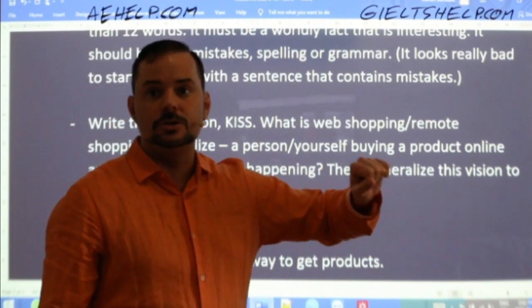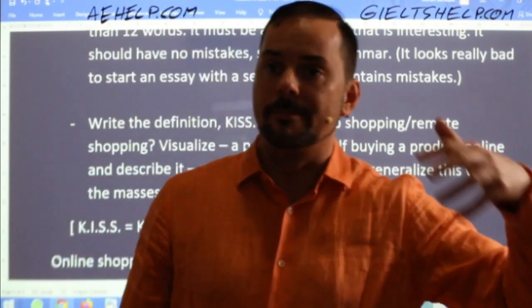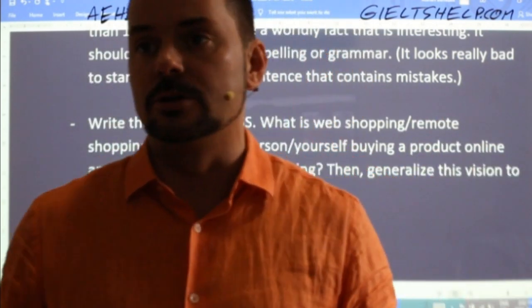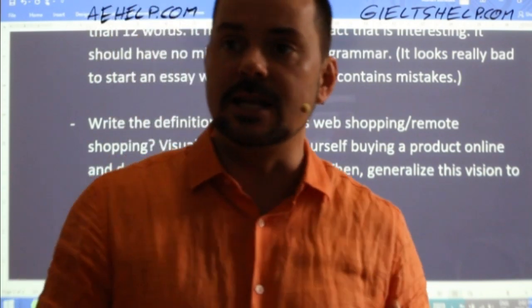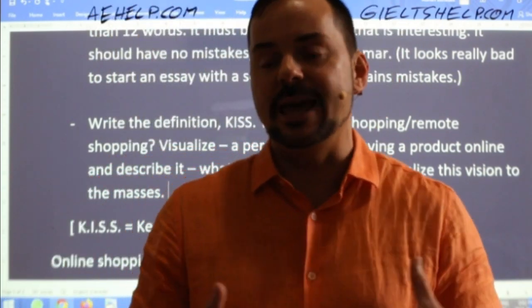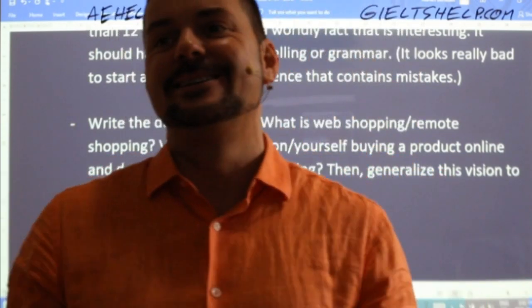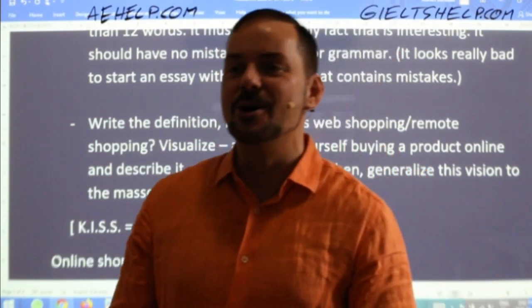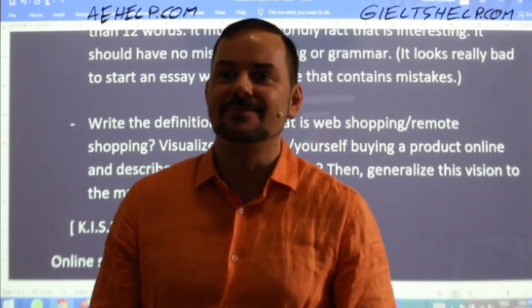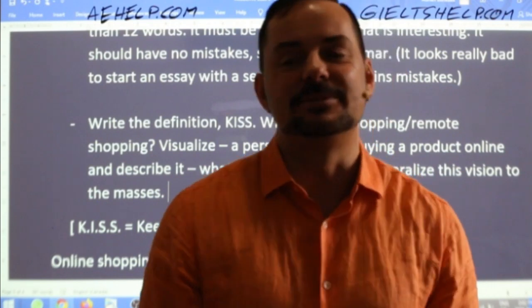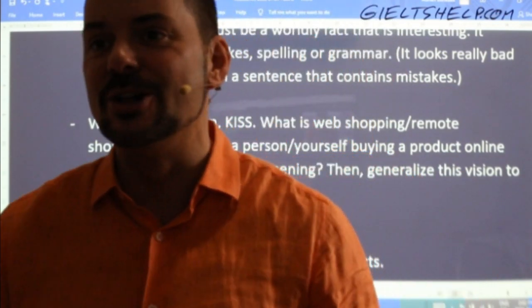Okay, so you want to remove the word your or my and use the word people. So people select the product they need from a website and make payments using, okay, and then you'll have the full picture. Various modes, sure. Or you can say some type of digital currency, right?